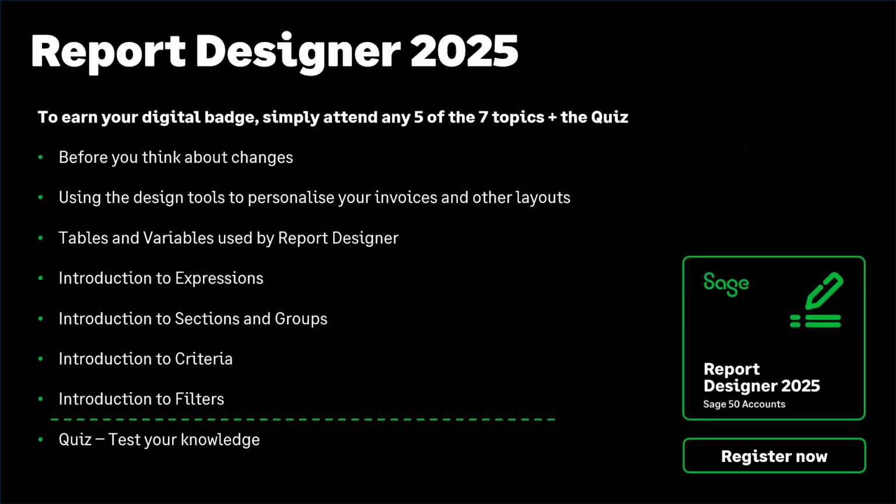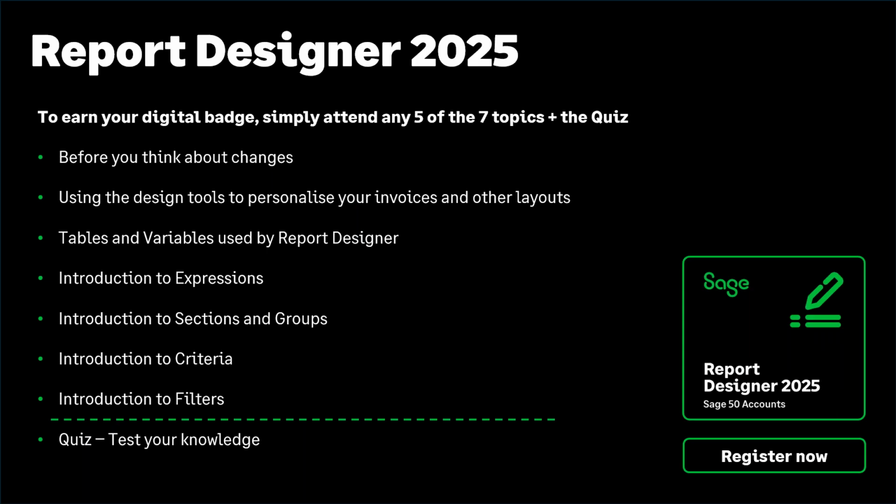These are the sessions that we are running at the moment for the Report Designer badge. Some of you may have done these sessions before where we have run them previously. Just updated the content a little bit. The idea is to give you an insight into the workings of Report Design and an idea of the kind of things that you can do. So we're on session 2 today. Still to come, we've got tables and variables, expressions, sections and groups, criteria and filters. So looking at a number of aspects of reporting in Sage.